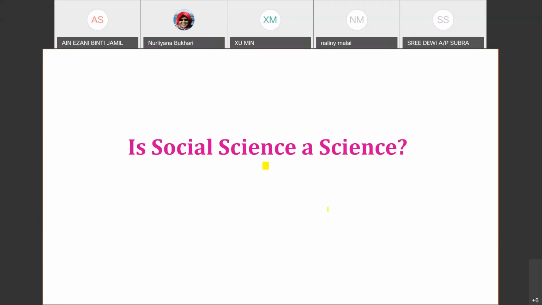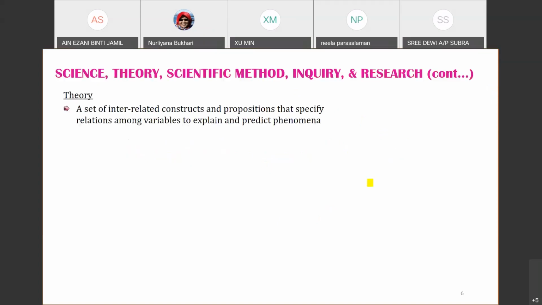Okay, better. Social science is a science, but people tend to associate science with the philosophical tenets, the pure science. Scientists always look at social science as something not science. But it is a science. A science means a body of established knowledge, and established means it is supported by a theory.